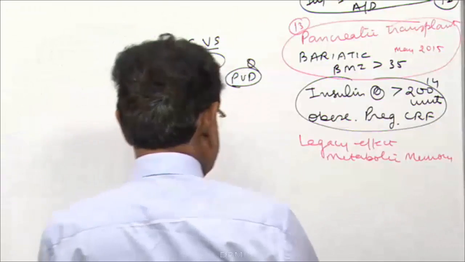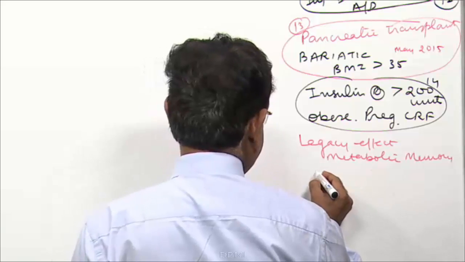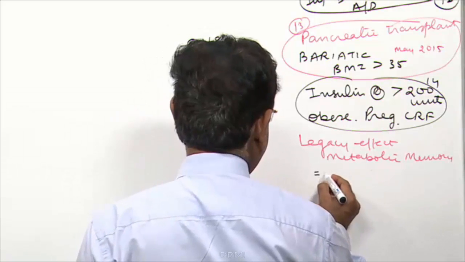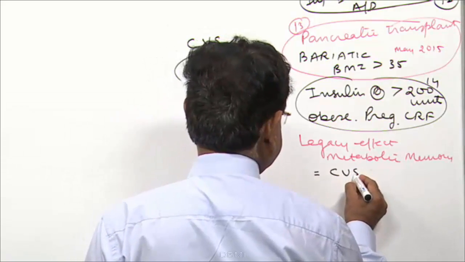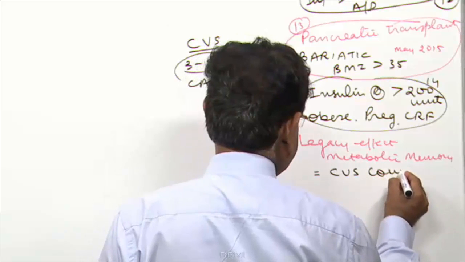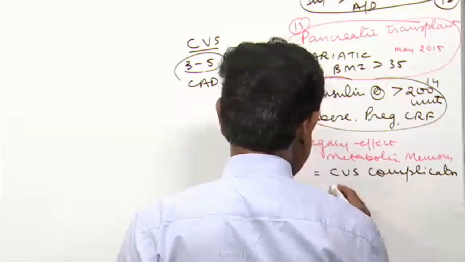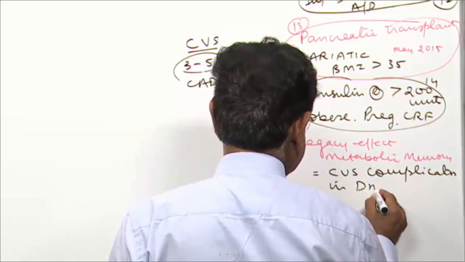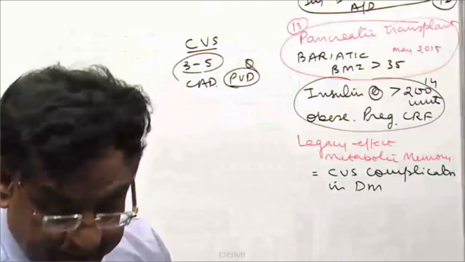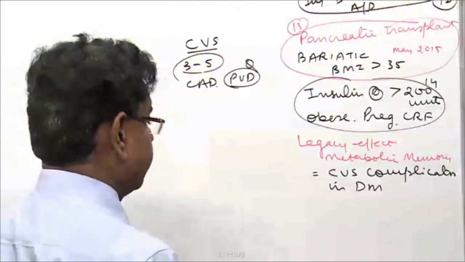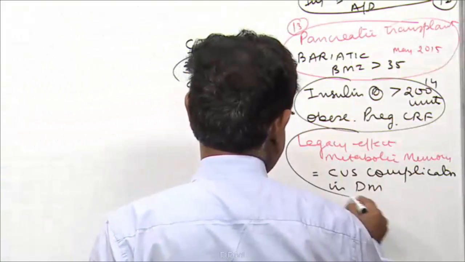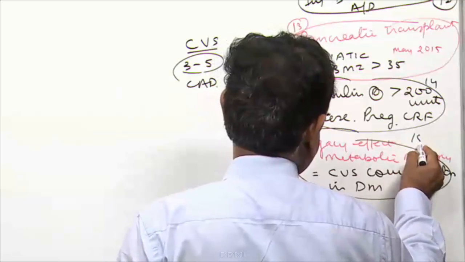So you can write down: legacy effect or metabolic memory is the concern for CVS complications in diabetes. This is box number 15.